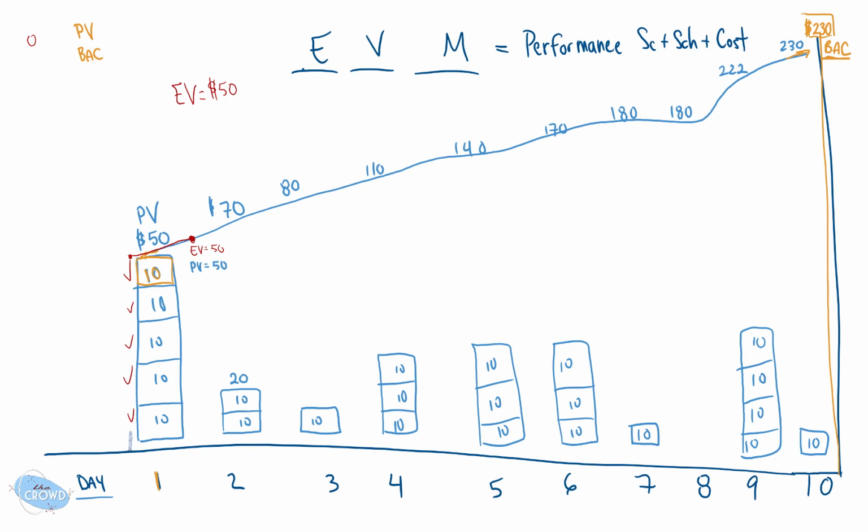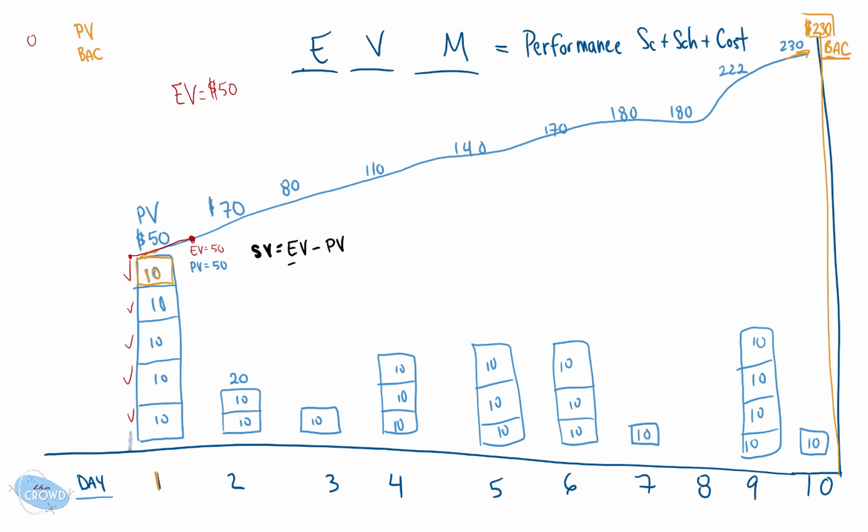And in that case, we could put some different values together, some different equations. One is the schedule variance. Is there any difference or variance between what we planned to have earned versus what we actually earned? What did we earn? So the earned value minus what was planned.